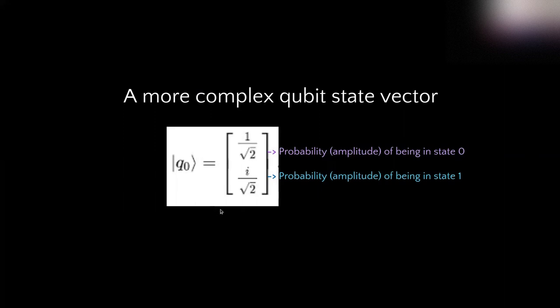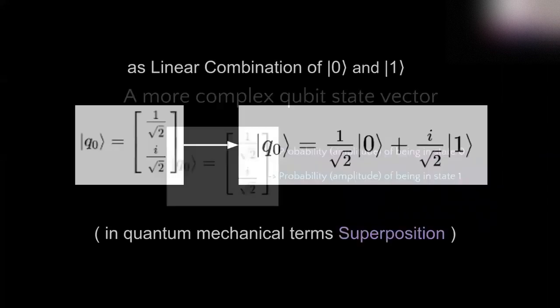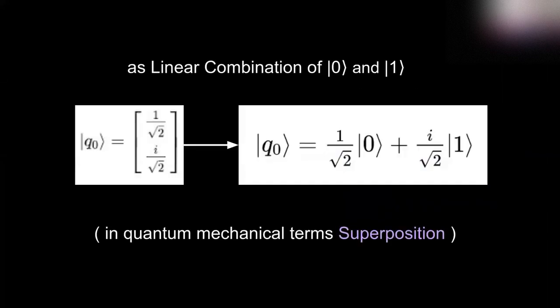So right now, our qubit is not in the state of 0 and not in the state of 1, like the classical bits are. Right now, it's in a superposition of the states of being in 0 and 1. And this is what separates it from the classical bit. This is how it is more generalized and can represent a larger number of states. So this qubit can be written as a linear combination of ket 0 and ket 1.